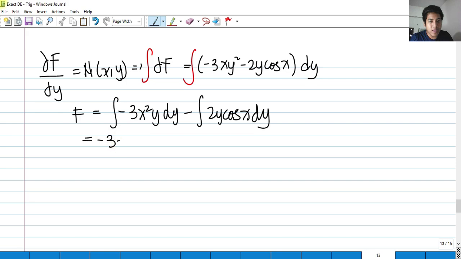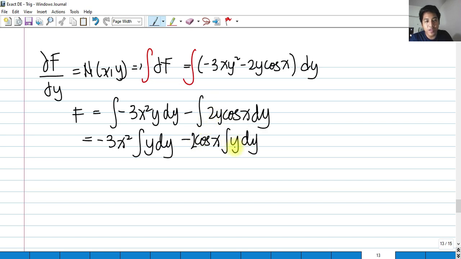So we have negative 3x squared integral of y dy minus, 2 cosine of x, I can factor out also. So we have y dy here. So this would be what? I'm sorry, this should be squared. Okay, I forgot, this should be squared.